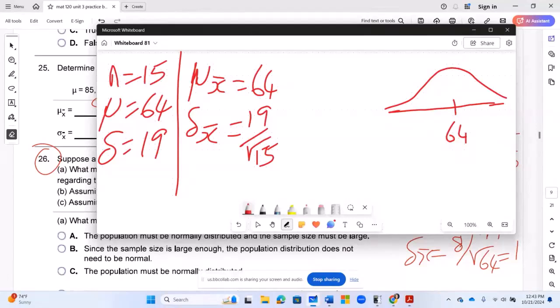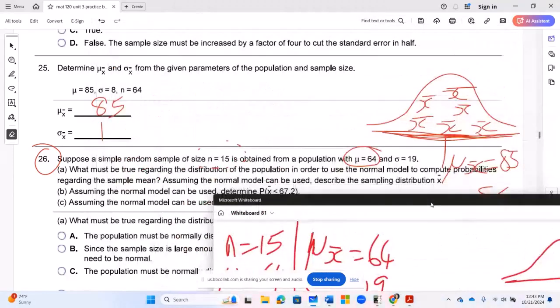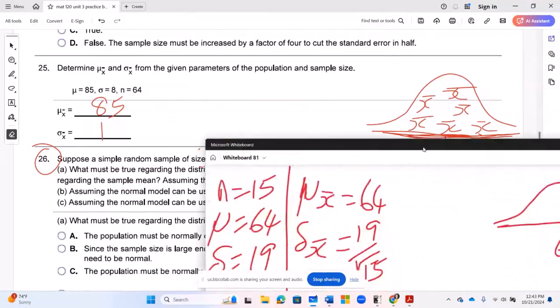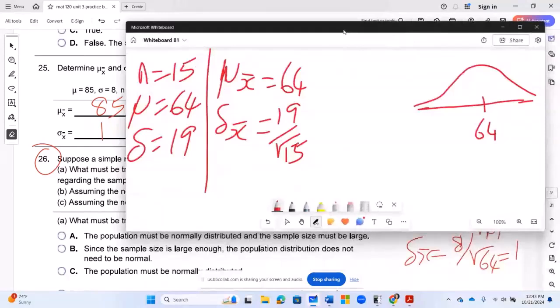They want me to establish the area under the sampling distribution for x bar less than 67.2. So that point must be at the right-hand side of the mean. They want me to find the area to the left of 67.2. I already know that the negative infinity will be 1 e to the power 99.